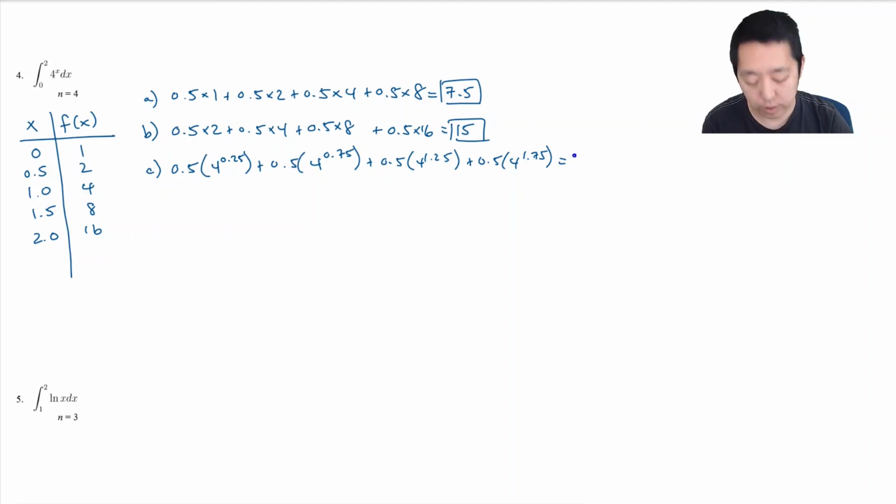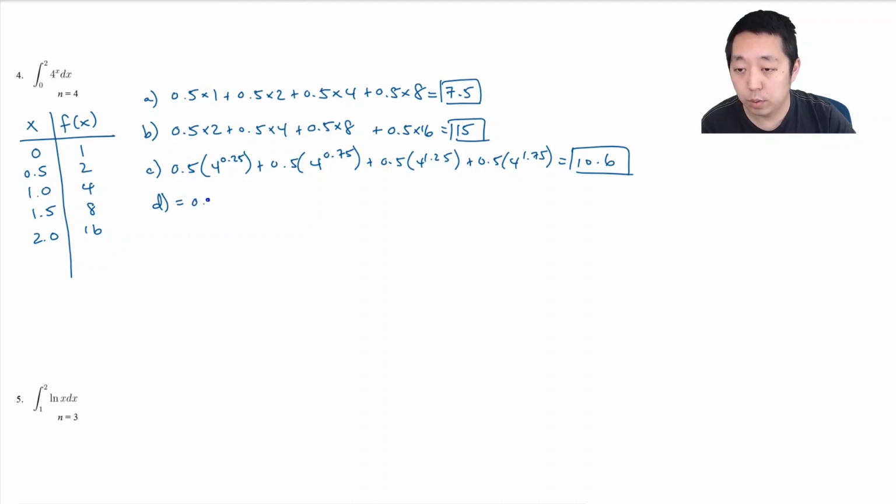I have to use my calculator for that. I get 10.6. And then the trapezoid rule is I average each of these.